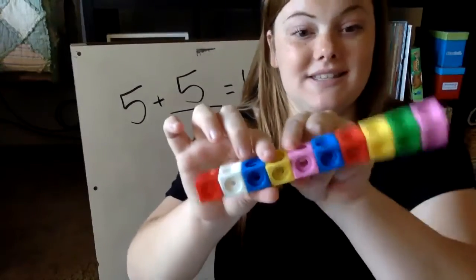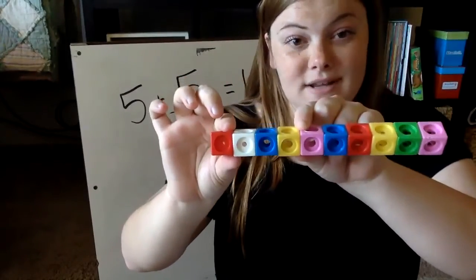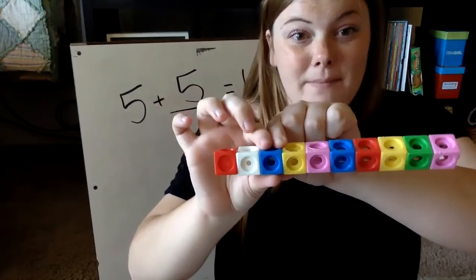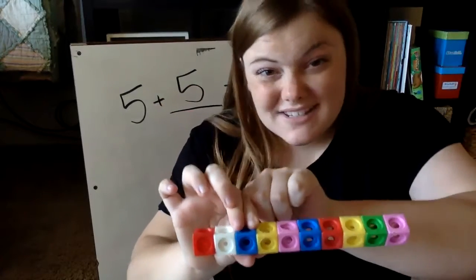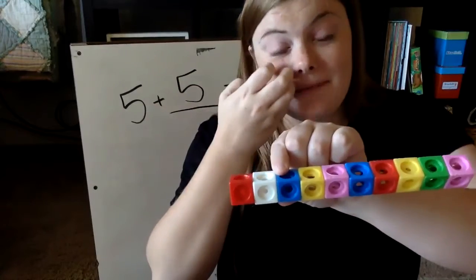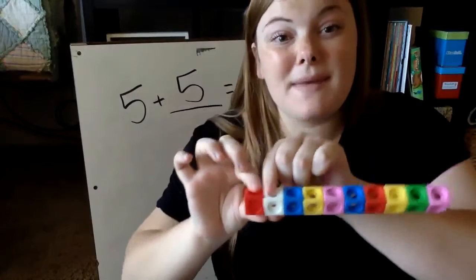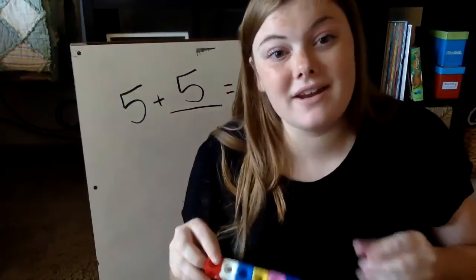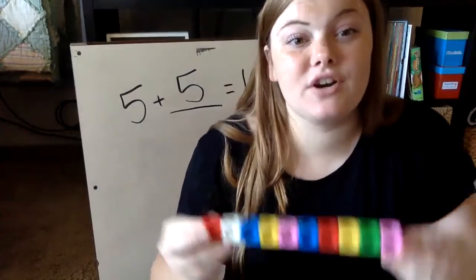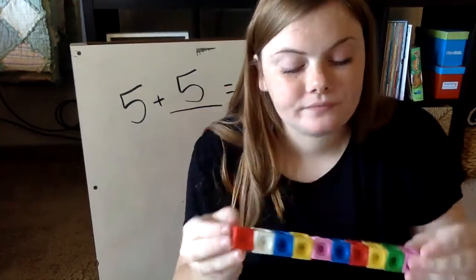You could take away 6 and it would leave 4. 6 plus 4 equals 10. You could take away 7 and make 7 plus 3 equals 10. You could take away 8 and make 8 plus 2 equals 10, or you could take away 9 and make 9 plus 1, right? So those are all the different number sentences and all the different equations that we can get out of this one number, right?